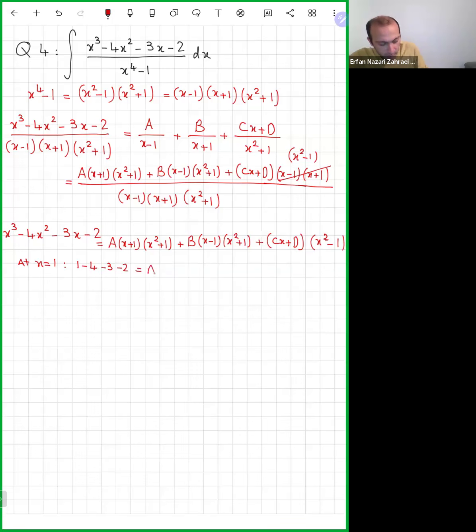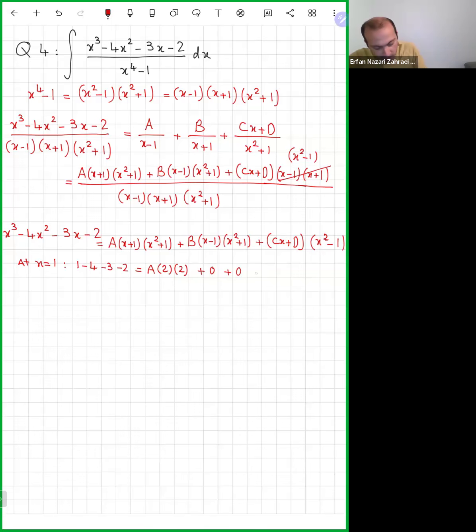Then you put 1, this becomes a times 2 times 2. But the second term becomes 0 because 1 minus 1 is 0. This term also becomes 0 because 1 minus 1 is 0. So you get negative 3, negative 6, negative 8.